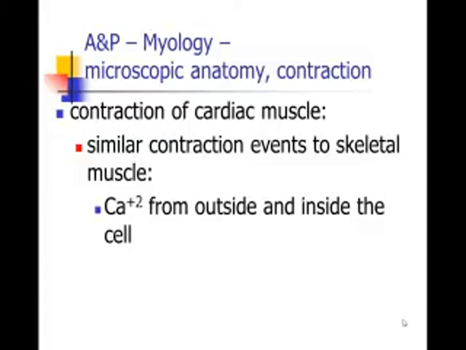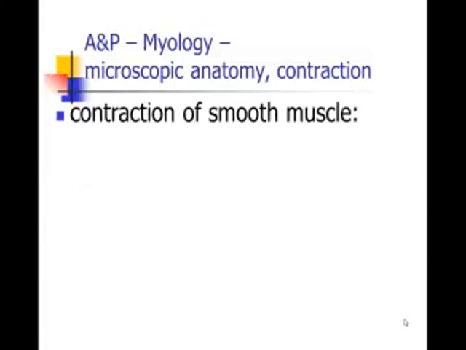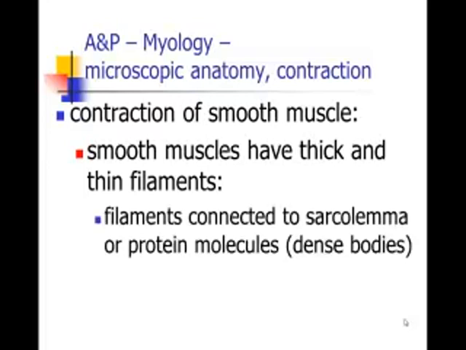In the cardiac muscle cells, some of the calcium comes from outside the cell in the interstitial fluid, and the calcium is going to diffuse into the cell, and that causes calcium to be released from the sarcoplasmic reticulum within the cell. That will then interact with the troponin, allowing the filaments to have their bonding sites exposed, and the movement can begin.